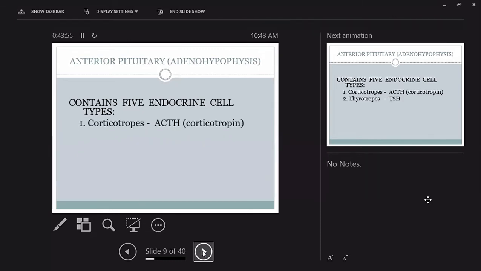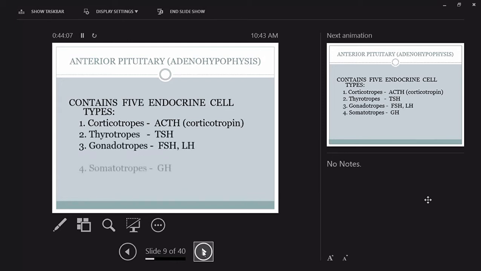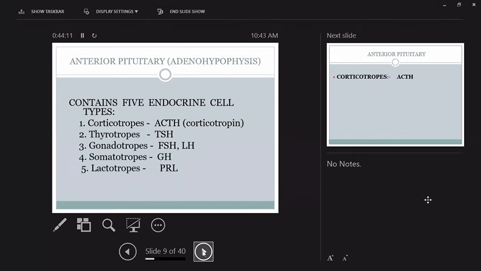So the anterior pituitary contains 5 types of endocrine cells: your corticotropes, thyrotropes, gonadotropes, somatotropes and lactotropes. Corticotropes produce adrenocorticotropic hormone.